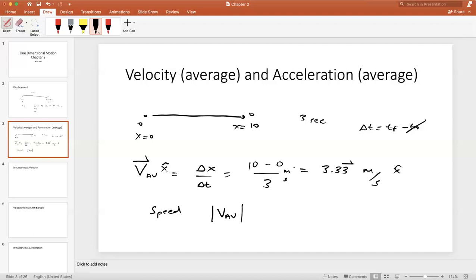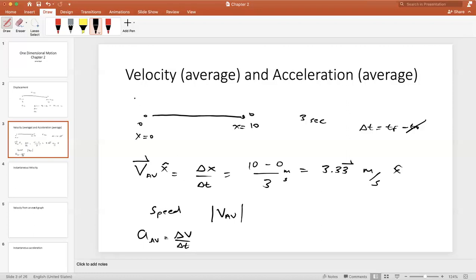If we want an acceleration, this gets a little bit challenging too, because it's probably something you've used all your life. You've used the word acceleration when you actually meant speed. Average acceleration, we use a little a for it, is the change of velocity over the change of time.